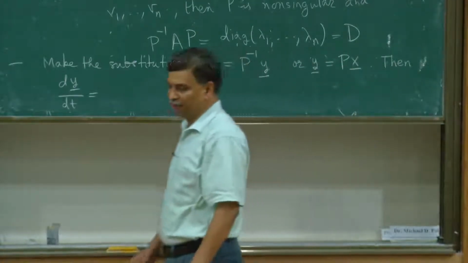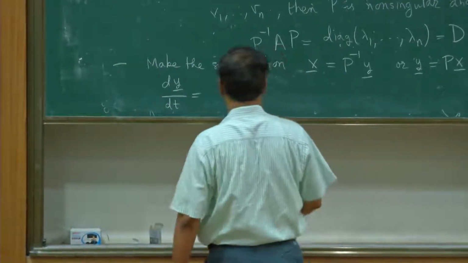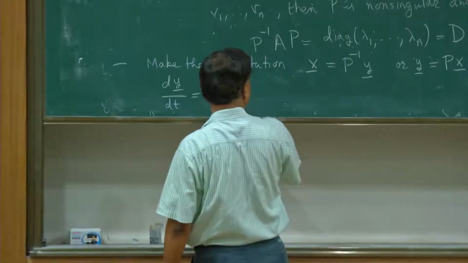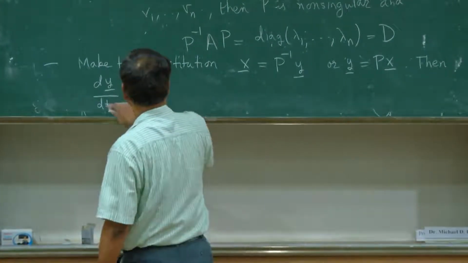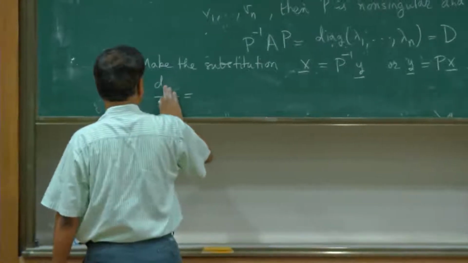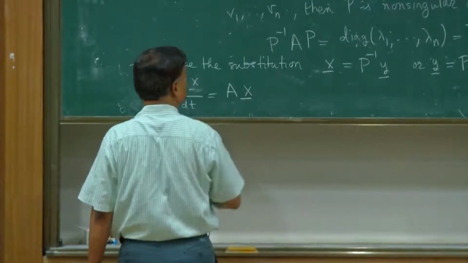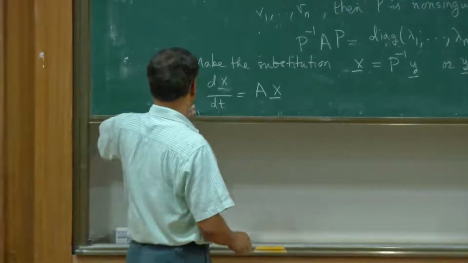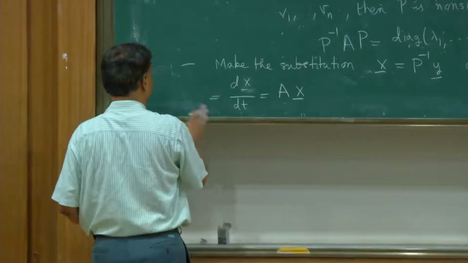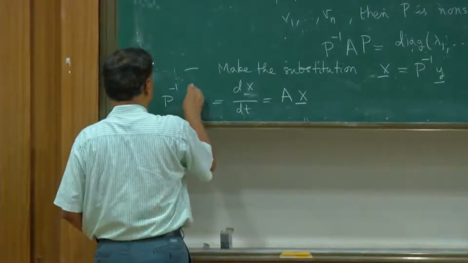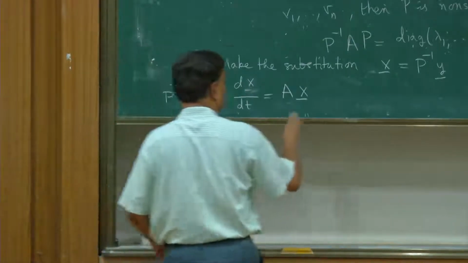Okay, what will that be? So I had originally dx by dt is equal to Ax, isn't it? So dx by dt will become, if I am not mistaken, P inverse dy by dt.